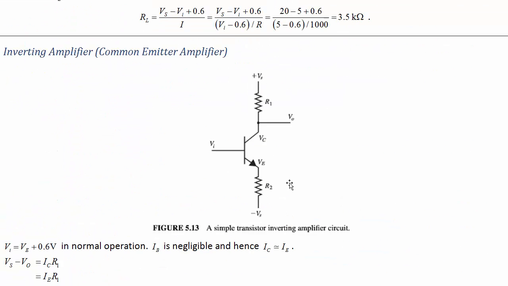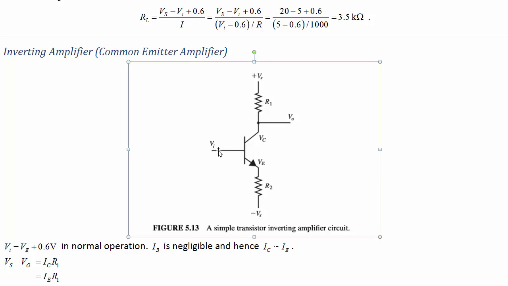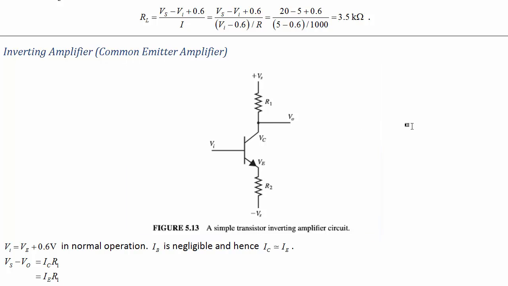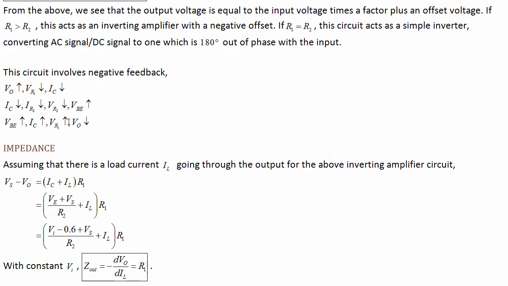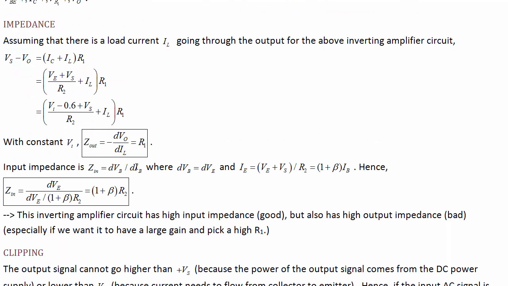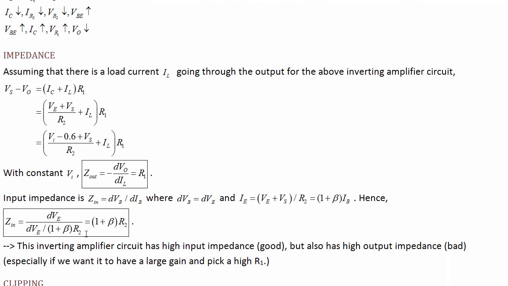So the inverting amplifier has great input impedance, but not necessarily so great output impedance, although it is worth noting that R1 is probably quite a bit larger than R2 if you're trying to get a lot of gain for this amplifier. Still, we don't get that beta amplification of the impedance on the output side like we do on the input side. So the input impedance is great, it's nice and high, but the output impedance isn't necessarily as low as we would have liked.